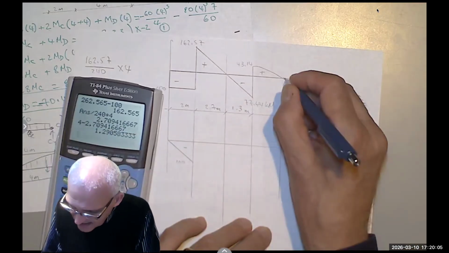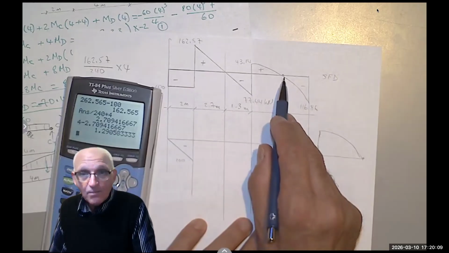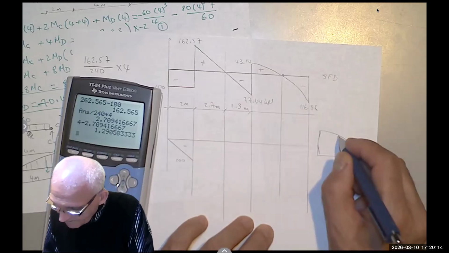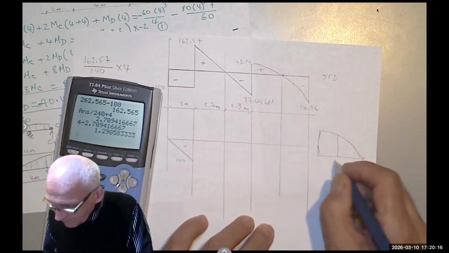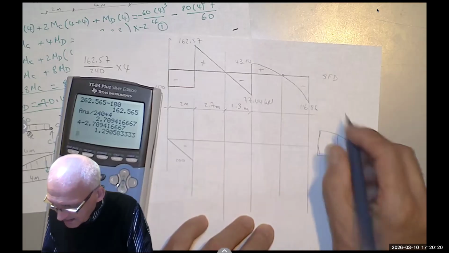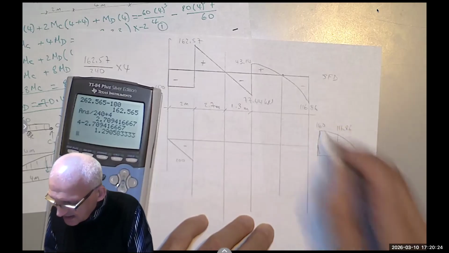And where is the 0 where I will get the maximum moment? It's basically 116.86. So that's the height. I should write it here. And this is 160.